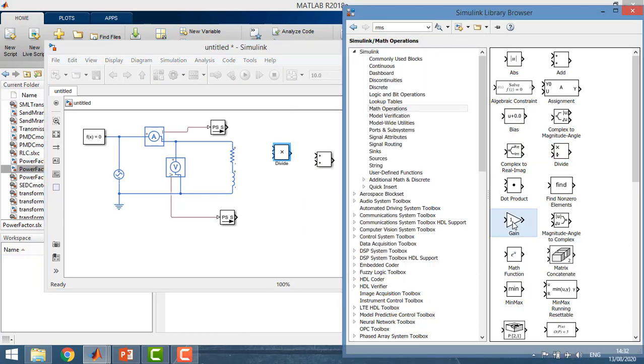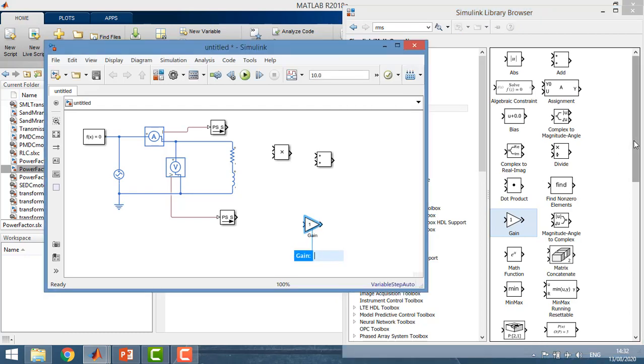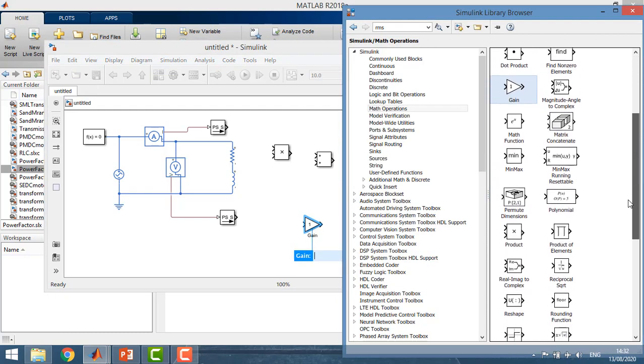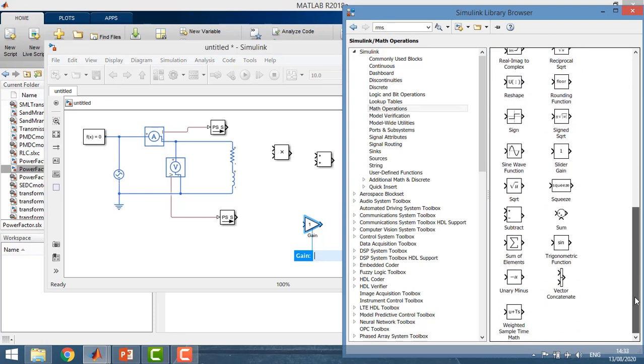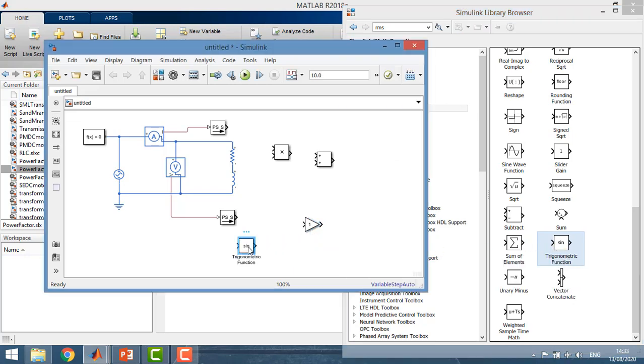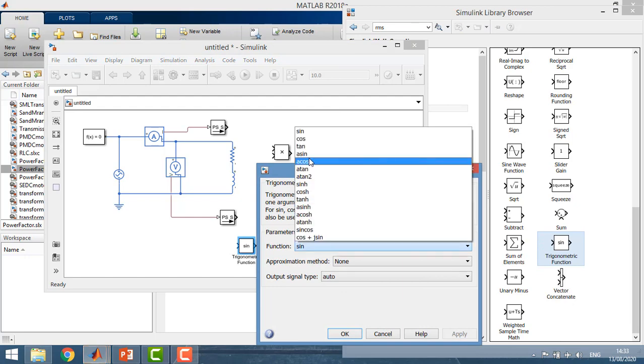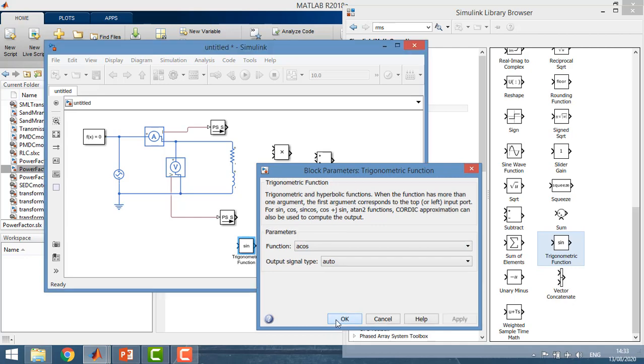We do need a gain block. Can use this function. Instead of sine, use the inverse of cosine.